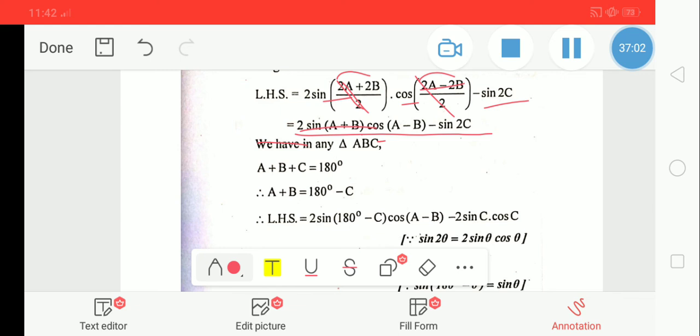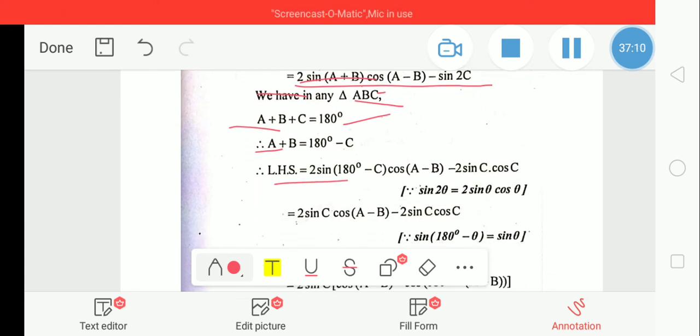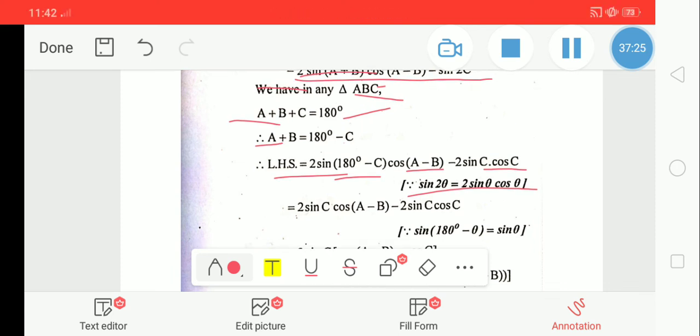We have in any triangle ABC, A plus B plus C is 180. So A plus B is 180 minus C. LHS is 2 sin of (180 minus C) cos of (A minus B) minus 2 sin C cos C, using sin 2 theta is equal to 2 sin theta cos theta. We know that sin of (180 minus theta) gives sin theta.